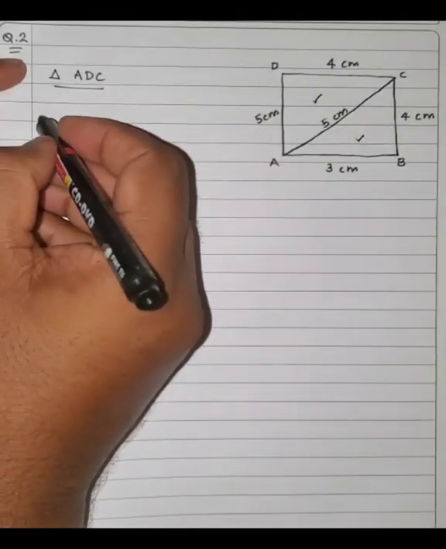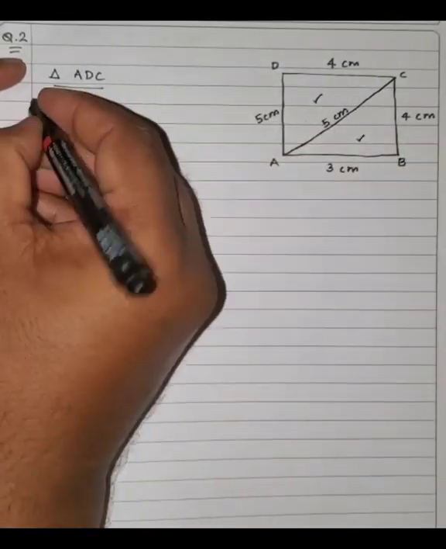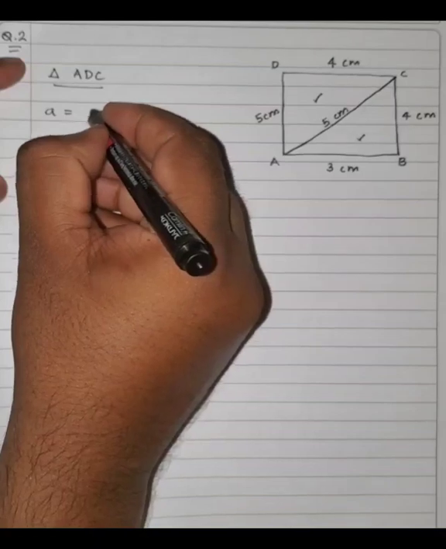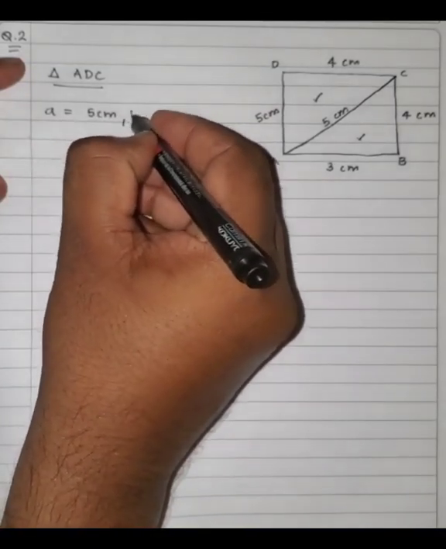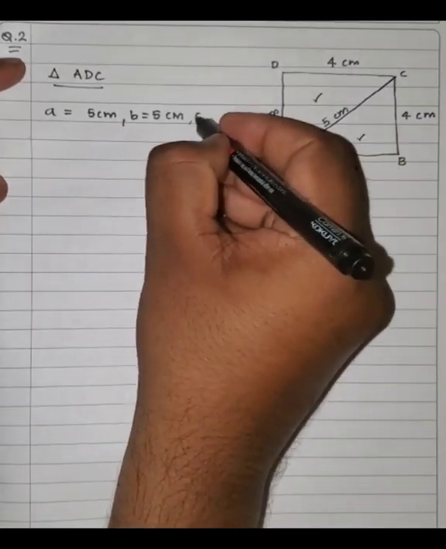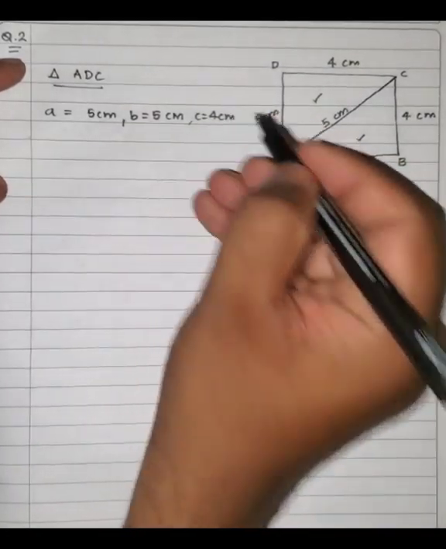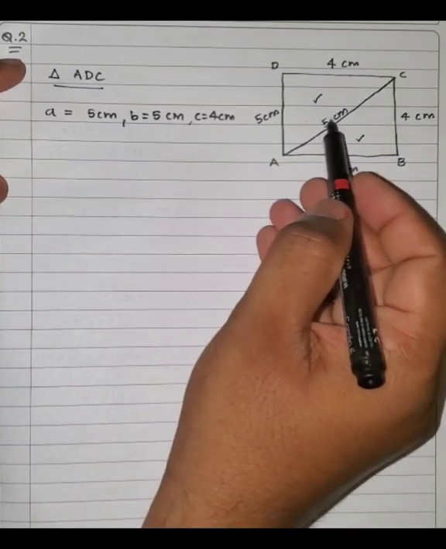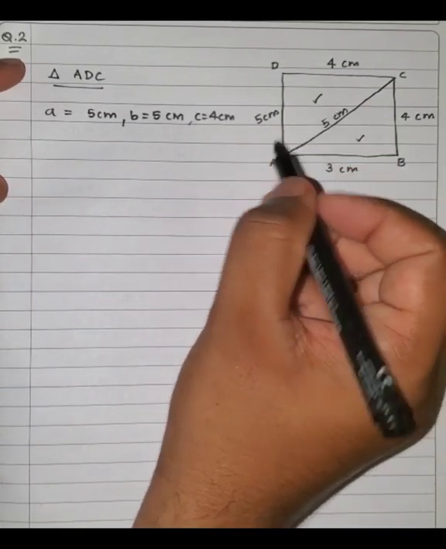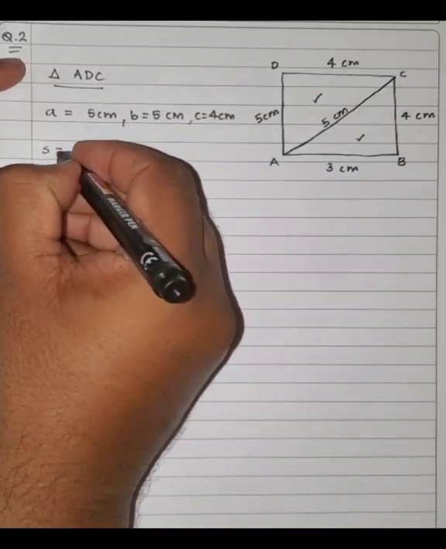So the measures are, A is say 5 centimeter. B, that is the second side, is also 5 centimeter. And the third side is 4 centimeter. So I know the measure of all the three sides. What I don't know is the semi-perimeter. So let me find the semi-perimeter.